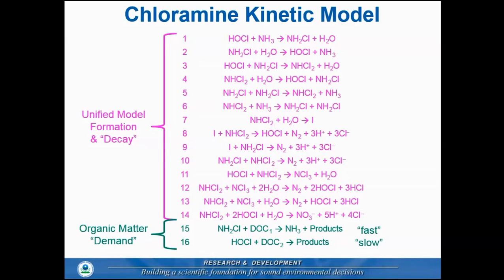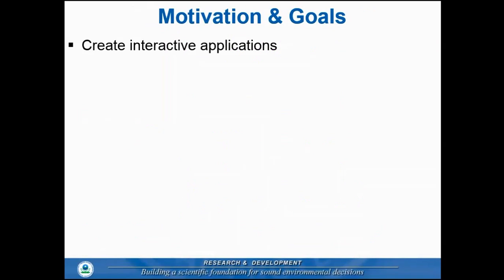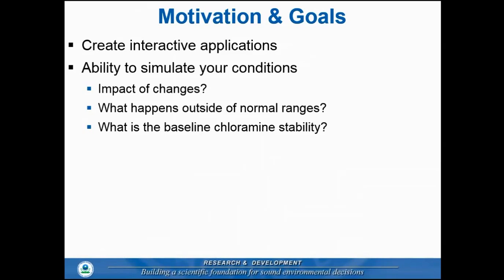So getting on to why I wanted to create these applications, I wanted interactive applications because when I give presentations, I simulate my chosen conditions, but I wanted anyone to be able to simulate their conditions, and it gives them a way to look at, so what happens when I change chlorine to nitrogen ratio, or what happens when I change pH, so I get an idea of the impact of my changes.